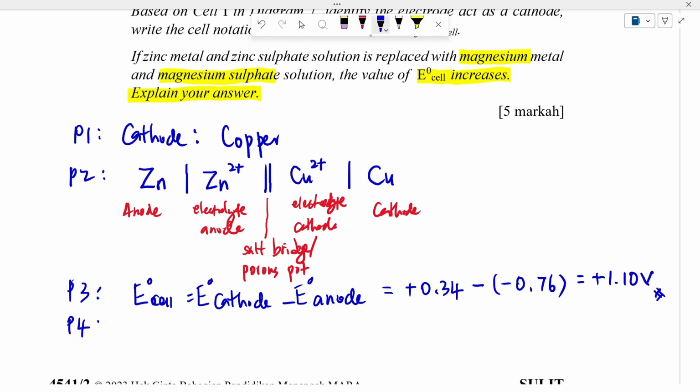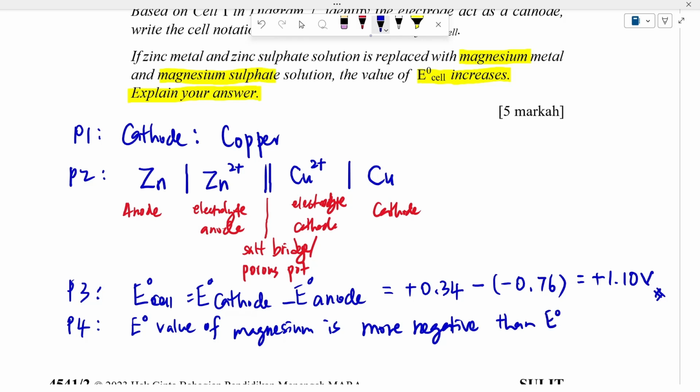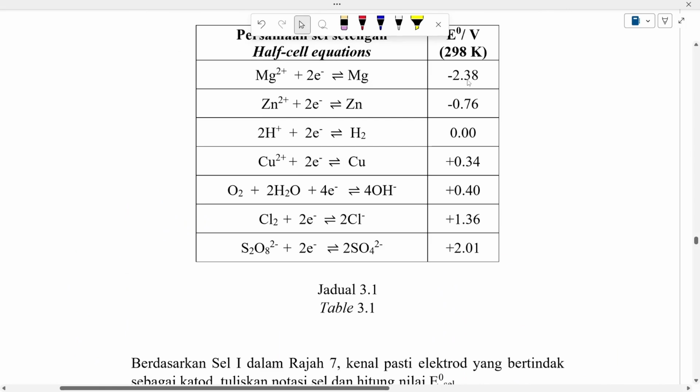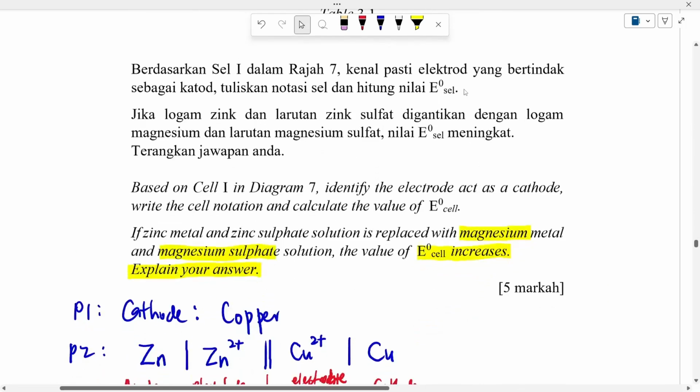Yes. The E0 value of magnesium is more negative than zinc. So here you can see more negative, magnesium, 2.38 more negative.